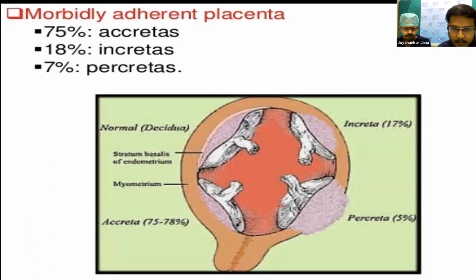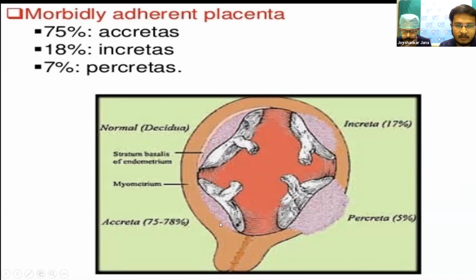Placenta percreta comes under the placenta accreta spectrum. Generally, the placenta attaches to the decidua basalis, which allows separation of the placenta following normal delivery of the baby. But in this spectrum, in placenta accreta, the chorionic villi of the placenta attach to the uterine myometrium.